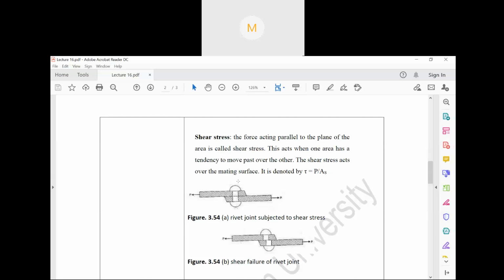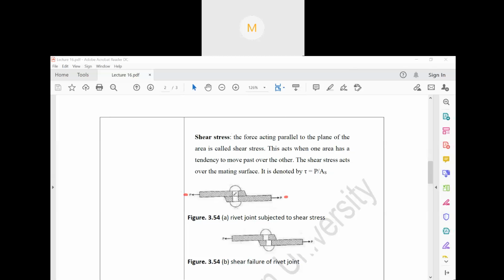If the force is acting parallel to the plane of the area, so how it will be acting? This force is acting in this plane, and this force is acting in this plane.